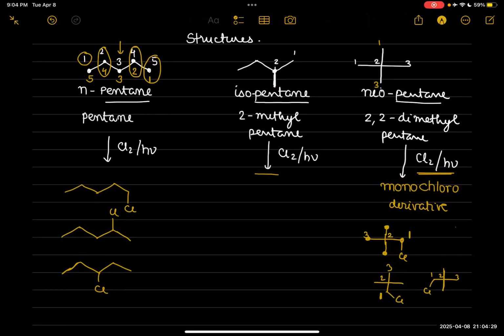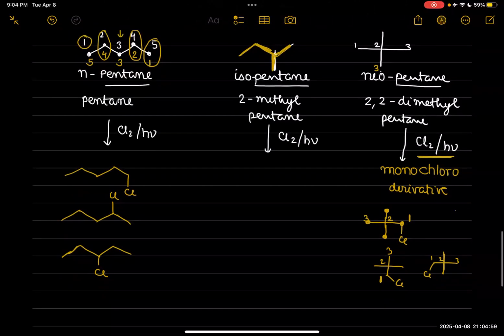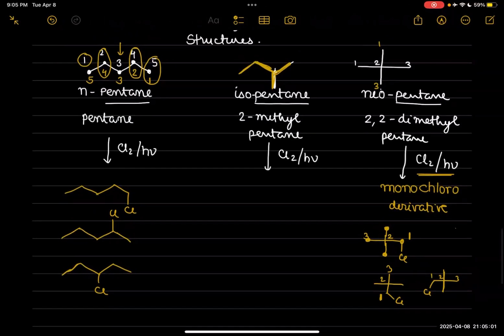And what about isopentane? How many monochloro derivatives is isopentane going to give? This is a bit longer, so you can try this one. Zainab, are you getting me? How many different carbon atoms are there in this? We just need to figure out.